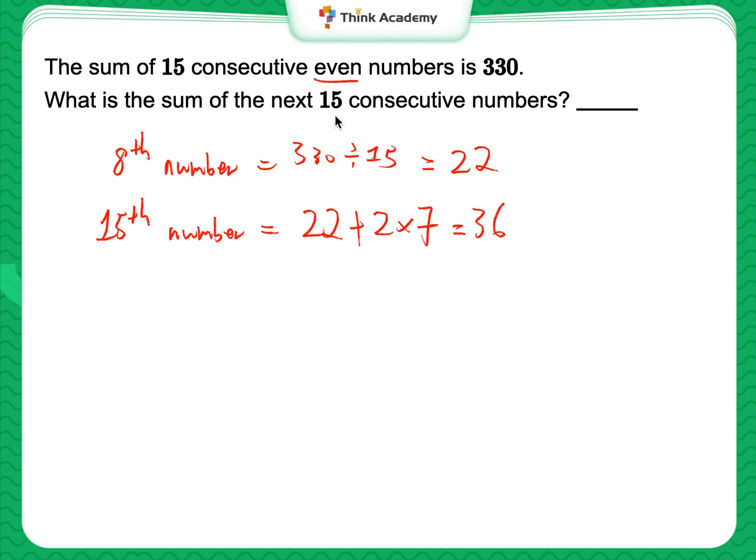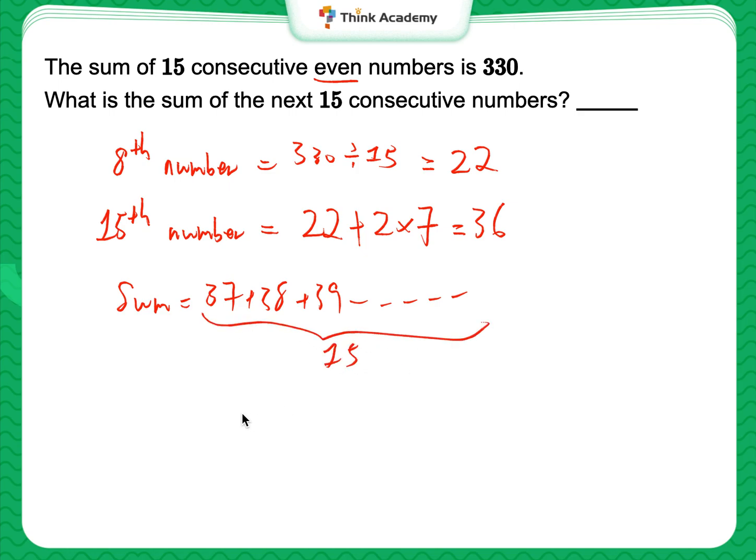All right, so for the next 15 consecutive numbers, the sum should be equal to 37, adding 38, adding 39, and all the way up until there's 15 of them. So, well, you can do it in many ways.